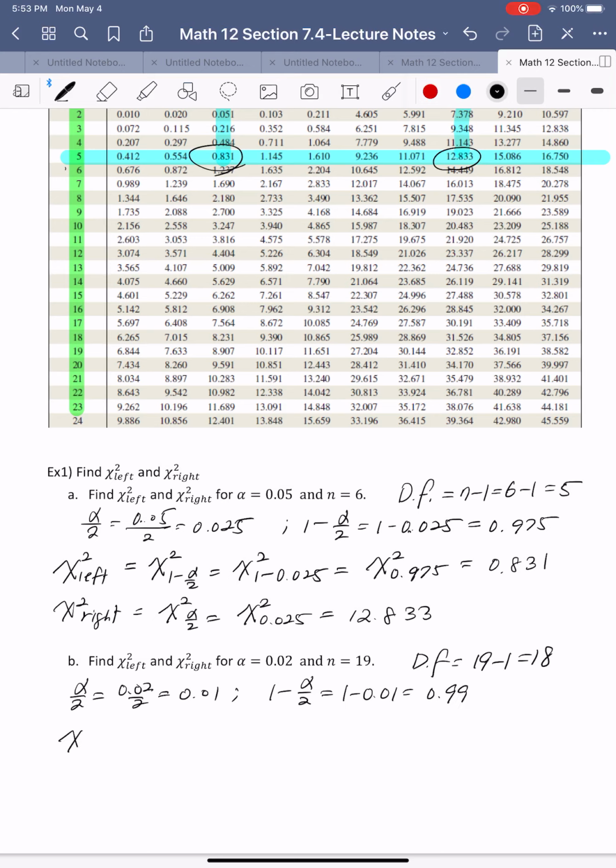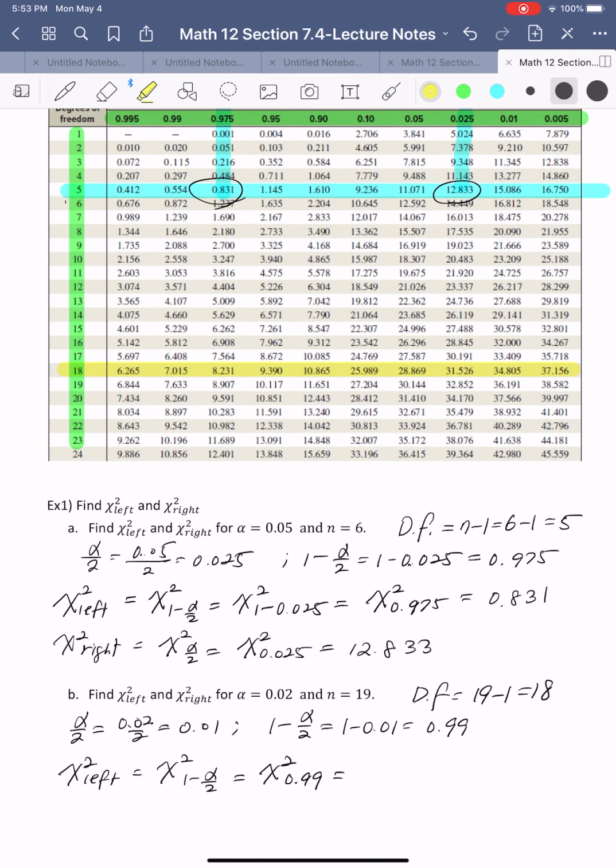Now we can find chi-square left, which is chi-square 1 minus alpha over 2, which is chi-square 0.99, with degrees of freedom 18, which is right here.